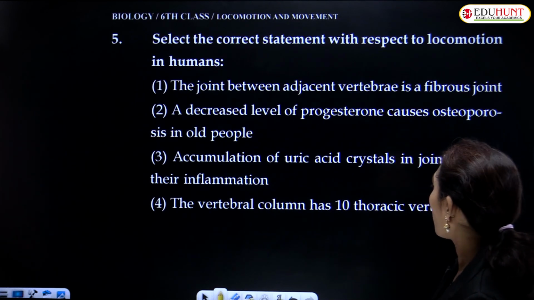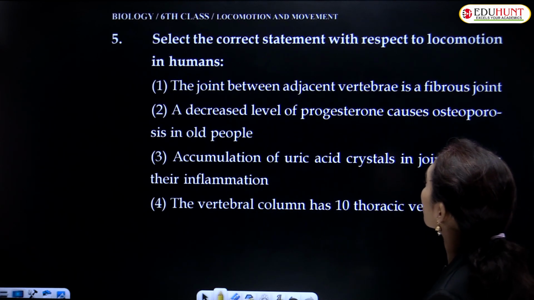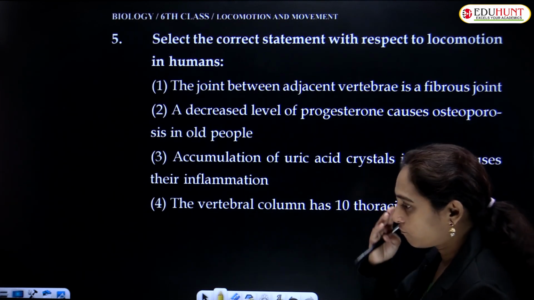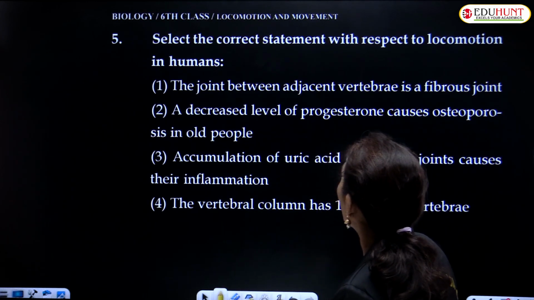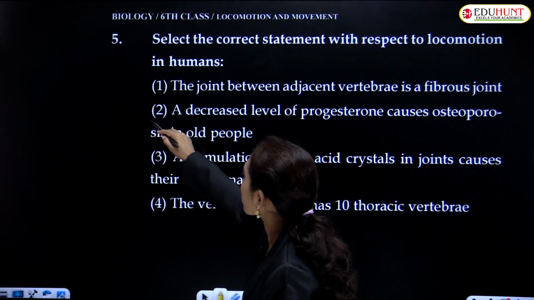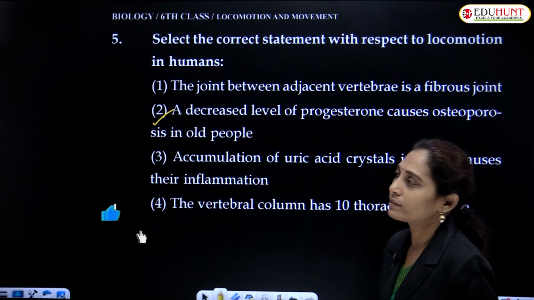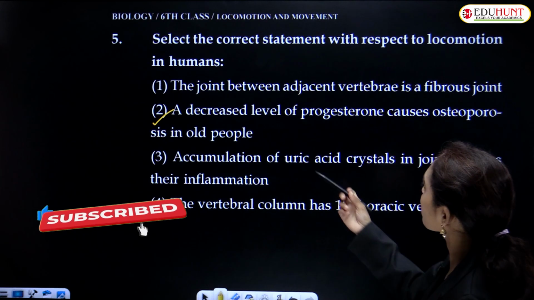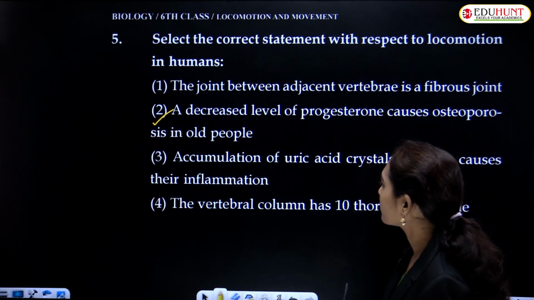The vertebral column has 10 thoracic vertebrae. Out of 4, 3 are wrong and only 1 is correct. A decrease of level of progesterone causes osteoporosis in old people. This is the correct option, because the joint between adjacent vertebrae is not a fibrous joint.